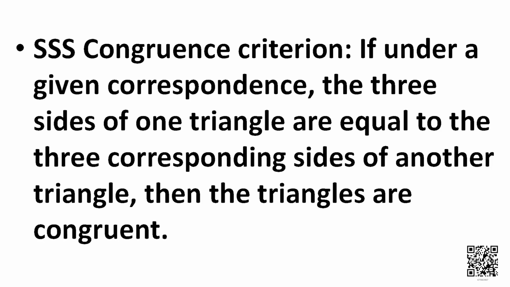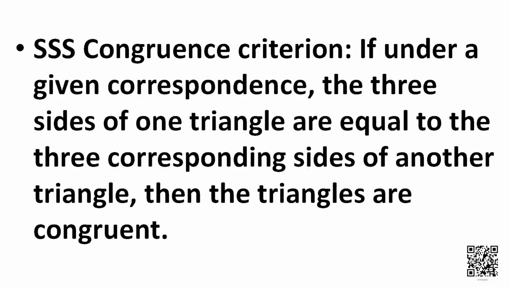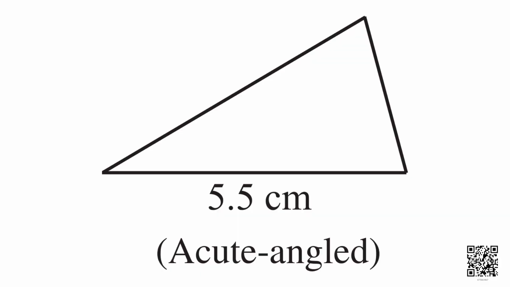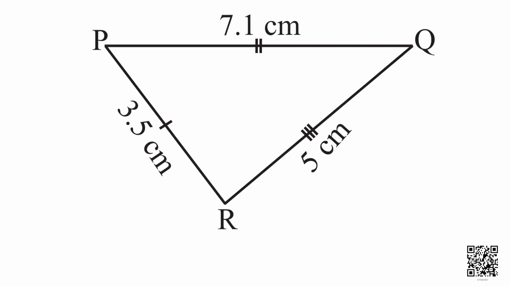It states that if under a given correspondence the three sides of one triangle are equal to the three corresponding sides of another triangle, then the triangles are congruent. So let us perform this example, students, to strengthen our knowledge of SSS congruence. See this triangle ABC and triangle PQR.